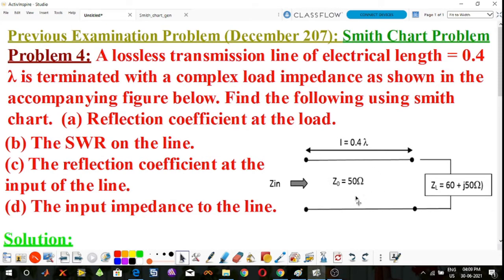In the given figure, the characteristic impedance Z0 is 50 ohms, the load impedance ZL is equal to 60 plus j50 ohms, and the length of the transmission line is 0.4 lambda.